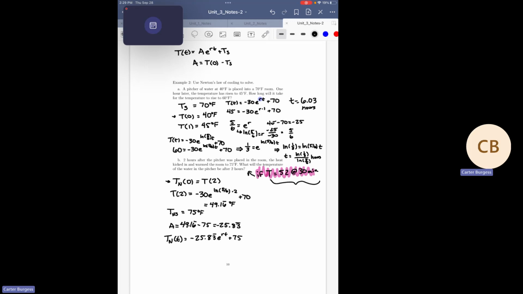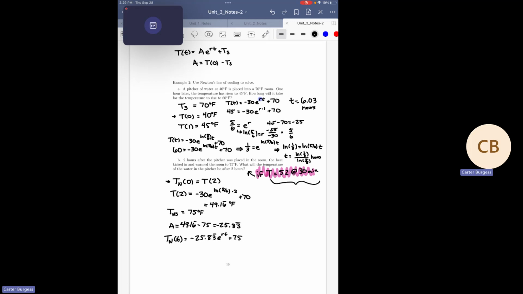And so from this, what do I end up plugging into t to find my final answer? So T of 2 is equal to negative 25.83 repeating e to the, in this case, 4, which is 2 times 2 ln of 23 over 25.83 repeating, plus 75.